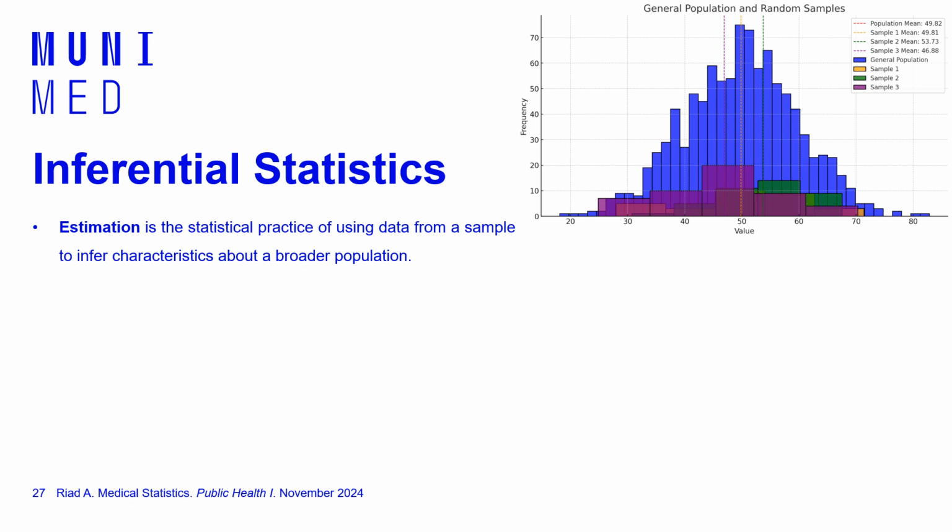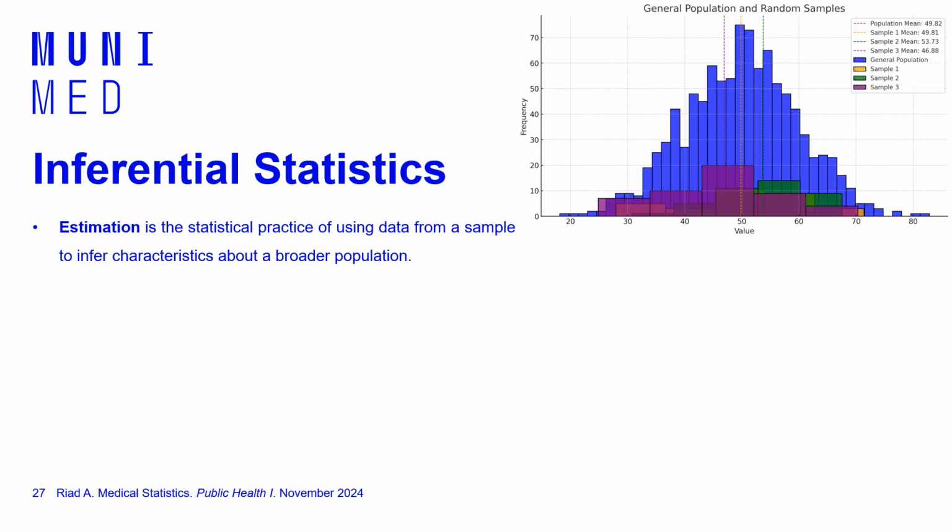And when you look at the mean of each of these samples, in different colors corresponding to the sample color, you can see that some sample means are very close. For example, the sample 1 mean is 49, and the true population mean was 49.8, which is very similar. But in sample number 2, the mean is far. Sample number 3, the mean is also far to the other side.